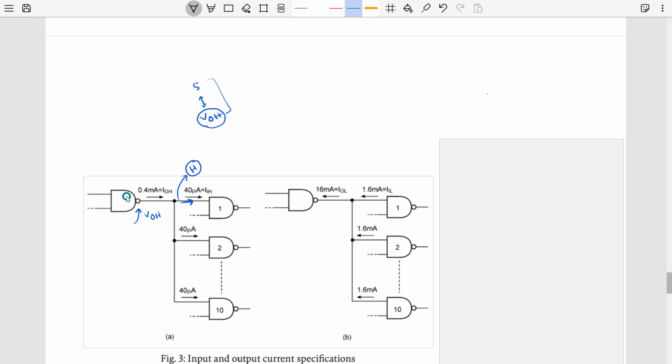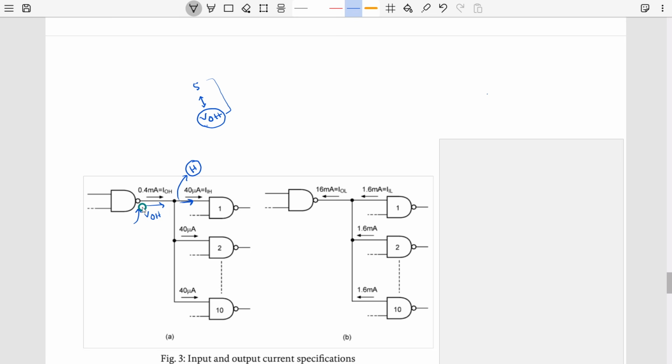Whenever some amount of current is being drawn at the output, that current also flows through those resistors, and there will be some voltage drop. Whatever voltage remains after those drops, that we get at the output. That means the more current flows, the more voltage will drop inside the gate, and at the output we will get less than the amount we got earlier.